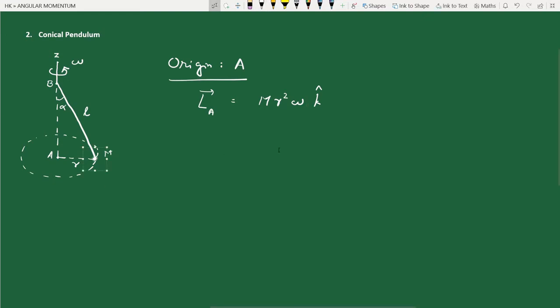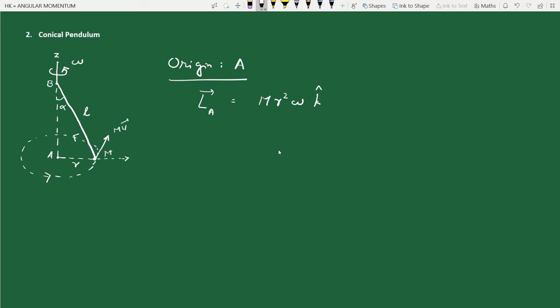We just assume that this is revolving, when we look from above, in the anti-clockwise direction. So P will be tangential along this direction. This will be the direction of mv, and this will be the direction of R.